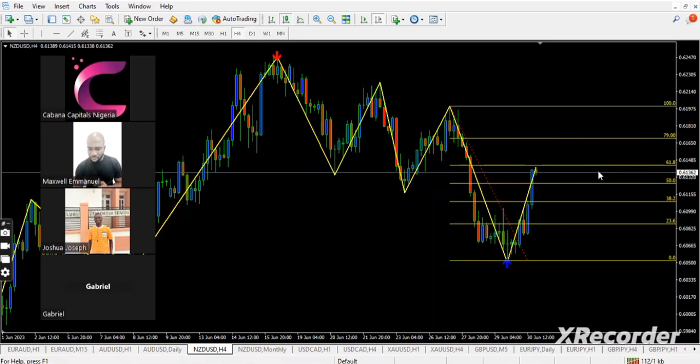You can see it's approaching level 61.8. So if I'm to sell New Zealand USD this week, I expect price to get to this level 79.0. At this level we have a support, we have a resistance.